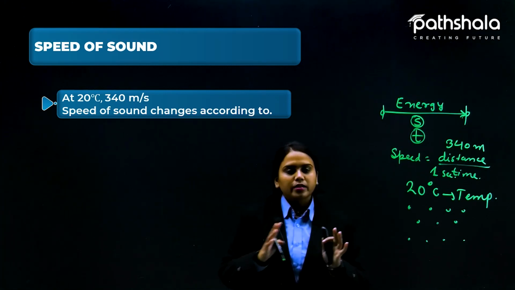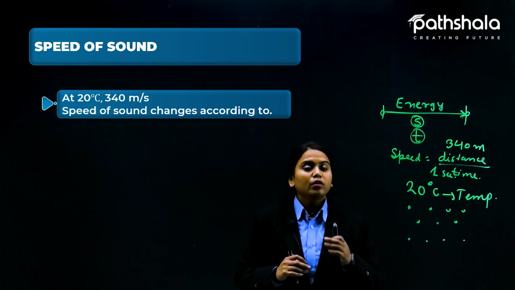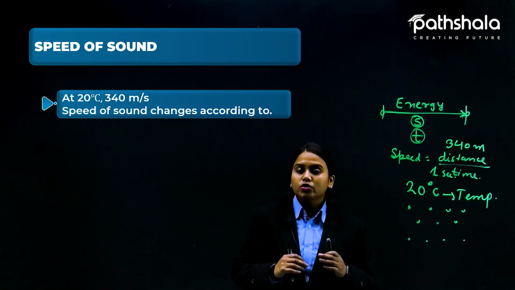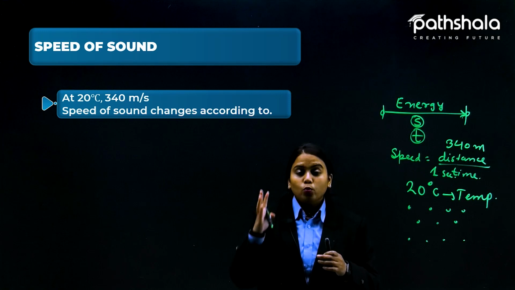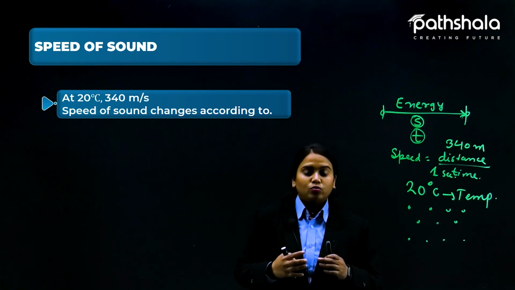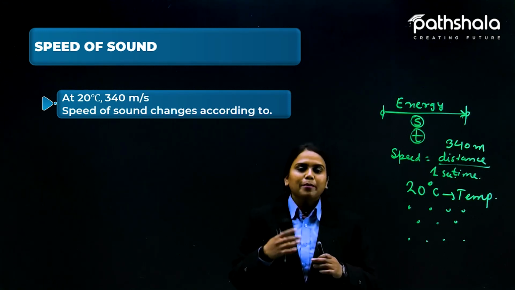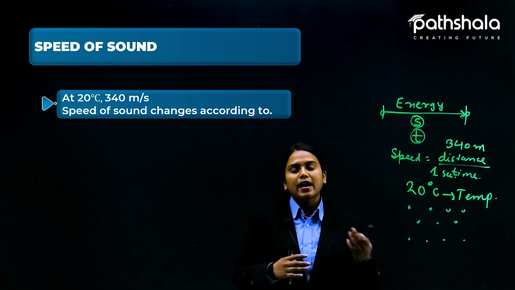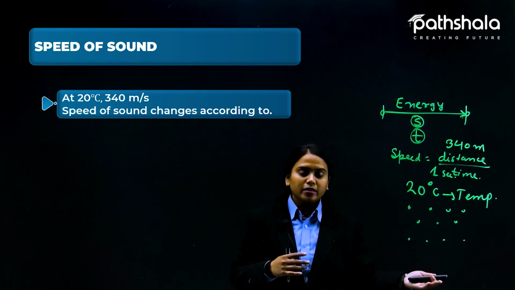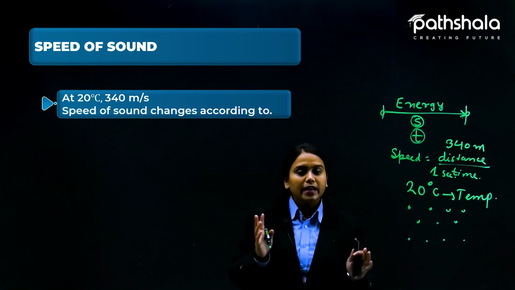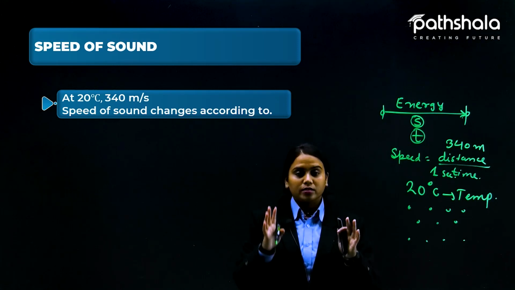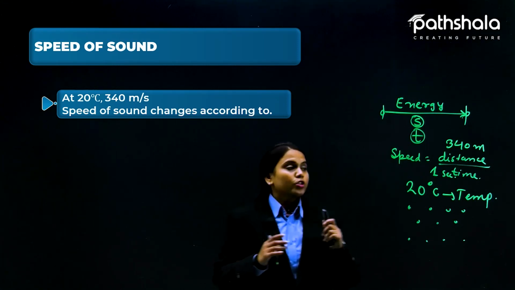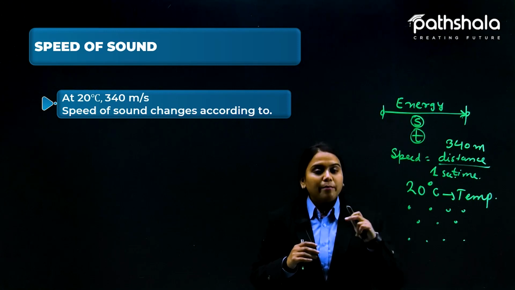If I add like this till 10 times, so there are 10 meters of distance. Can you cover 10 meters in just a second? No, you won't be able to. And if I ask for 20 meters in 1 second, it won't be possible for human beings. So that is what I am telling you.